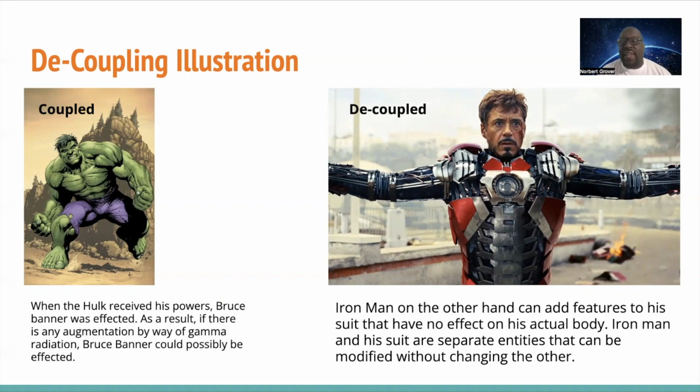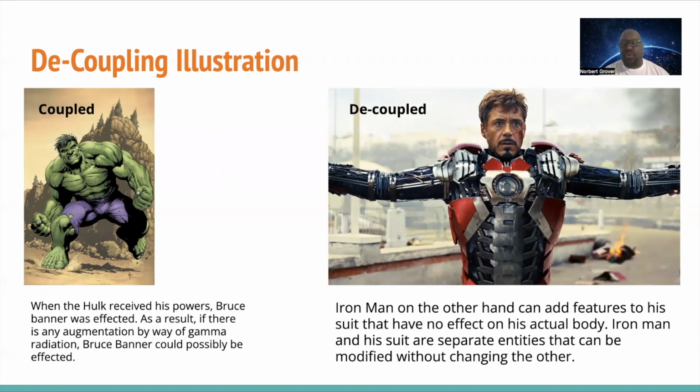Tony Stark and Iron Man, on the other hand, you can make changes to the armor without affecting Tony Stark. You know what I'm saying? You take off the armor, you can even swap armor on Tony Stark. So yeah, that's an example of decoupling. Iron Man can add features to his suit that have no effects on his actual body.